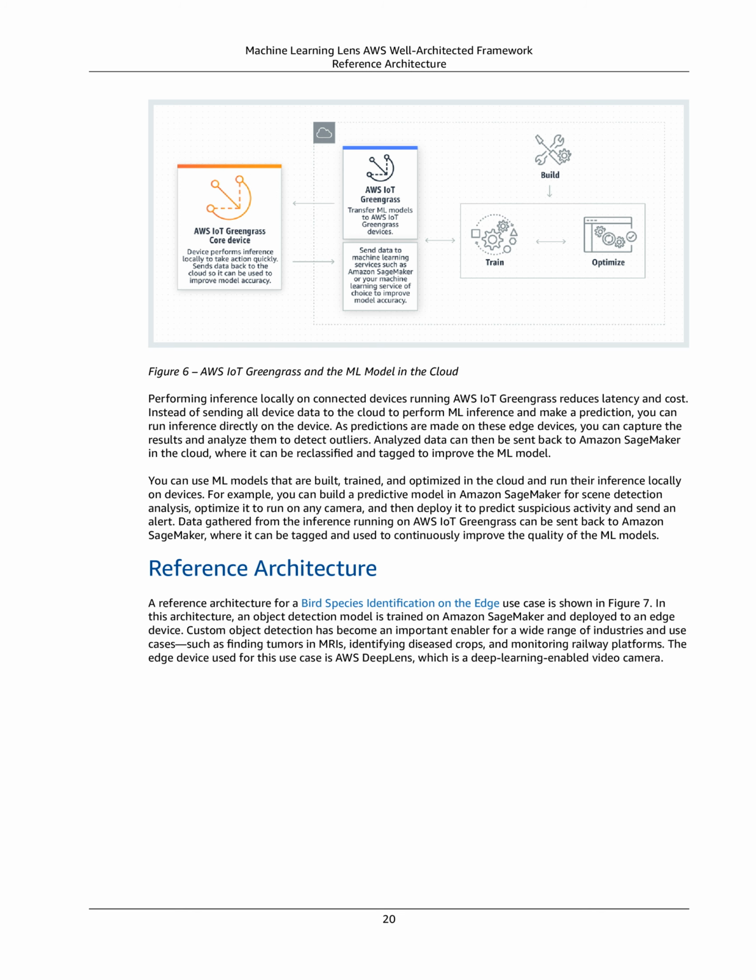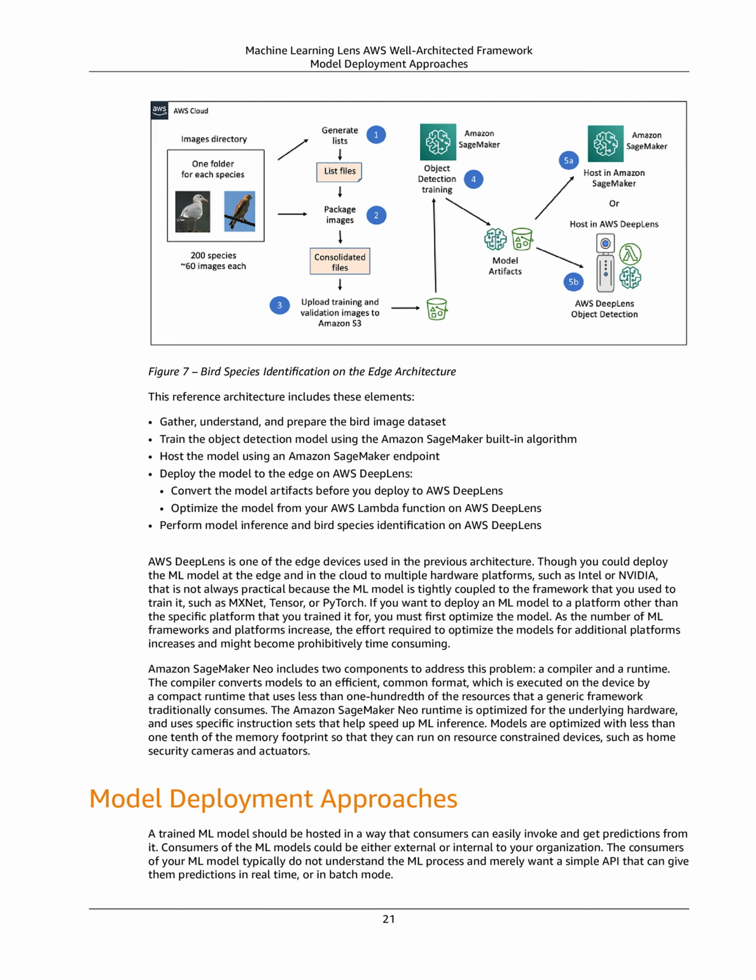The edge device used for this use case is AWS DeepLens, which is a deep learning-enabled video camera. This reference architecture includes these elements: gather, understand, and prepare the bird image dataset. Train the object detection model using the Amazon SageMaker built-in algorithm. Host the model using an Amazon SageMaker endpoint.